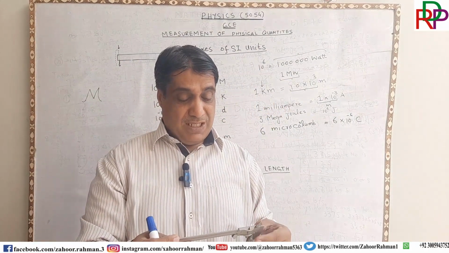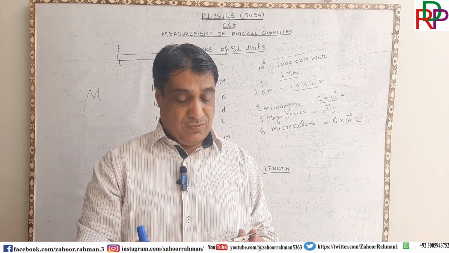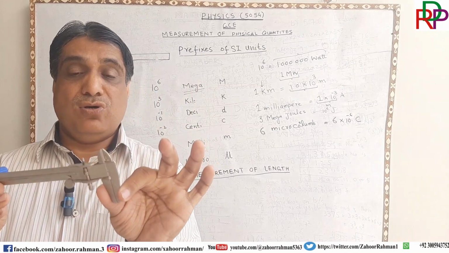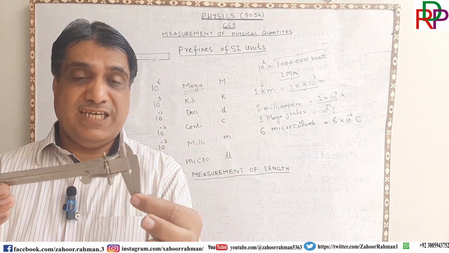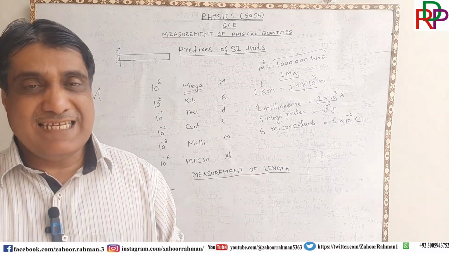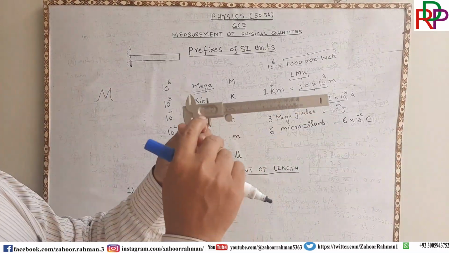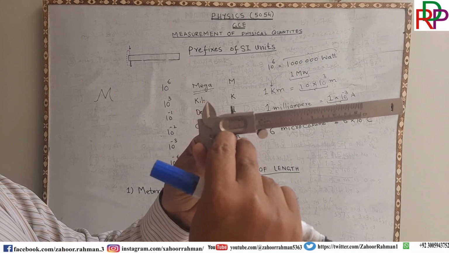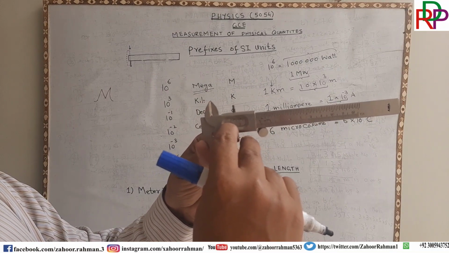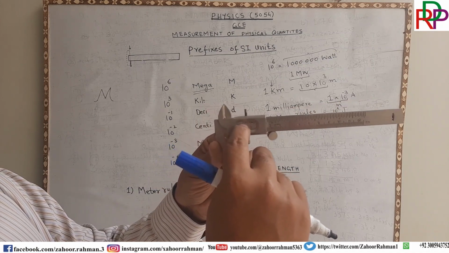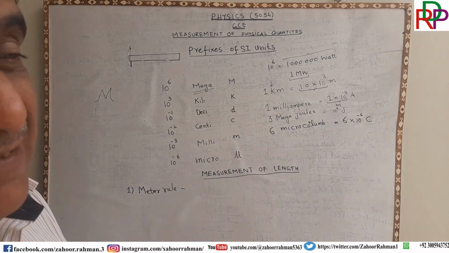Now, to take a measurement, first we have to press and close the jaws of the vernier caliper and then see whether the zero of the vernier scale is exactly in coincidence with the zero of the main scale.